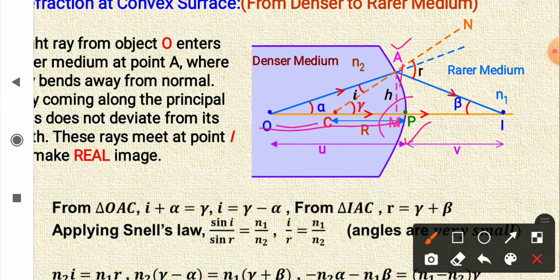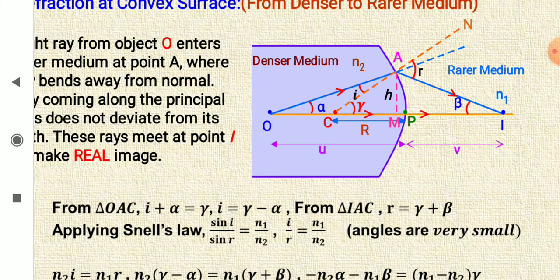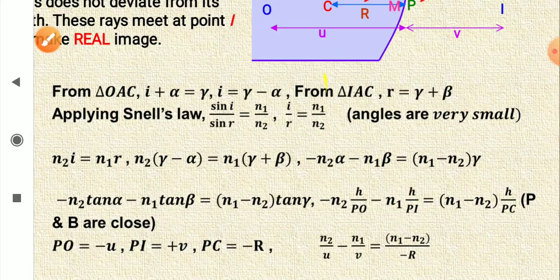See, M and P are very, very close. So we can take this OM nearly equal to OP. Similarly, that is object distance, and CM can be taken as PC, and IM can be taken as PI, taking with right sign conventions.